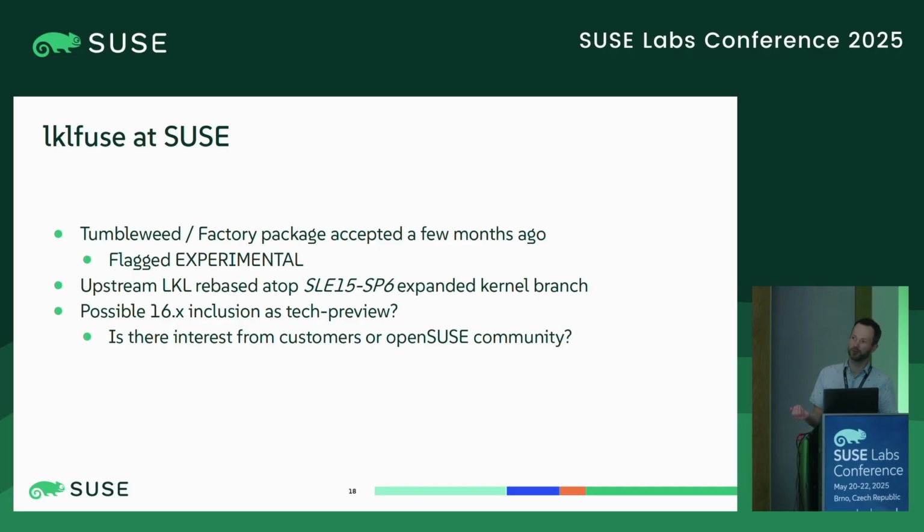I guess at this point, we're at the stage where it'd be helpful to know whether other users or customers would find it helpful, or whether we should do other things or look at other options for mitigating this issue.